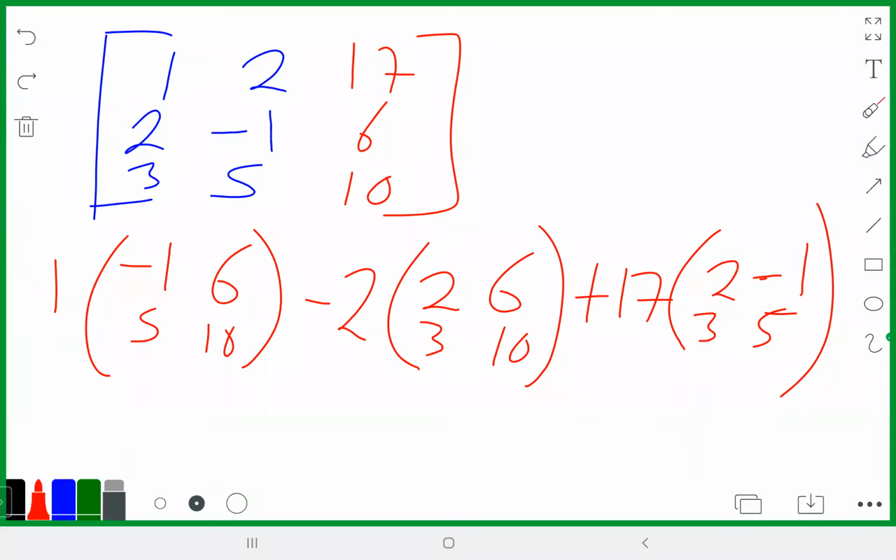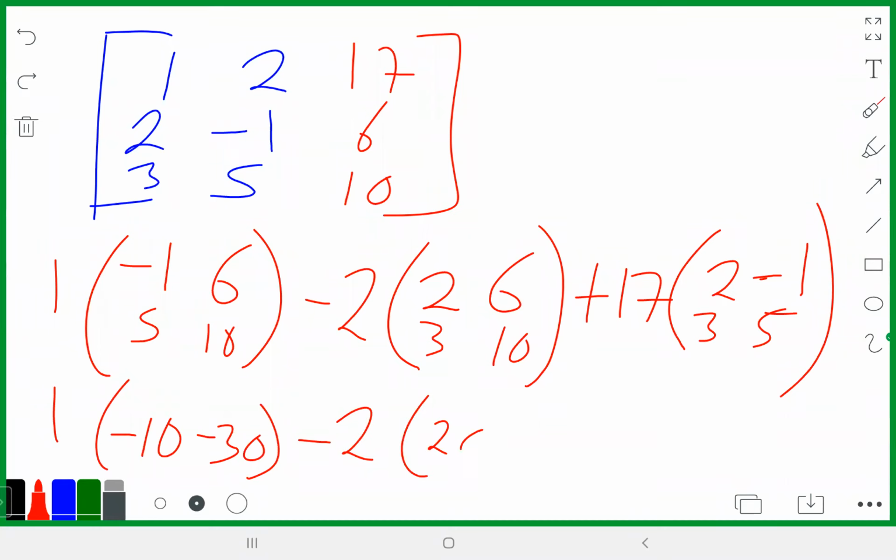Yes, sir. Okay. So I have 1 times -1 times 10 is -10, minus 5 times 6 is 30, minus 2 times 10 is 20, minus 3 times 6 is 18, close like that, plus 17 times 3 times 2 times 5 is 10, minus -3 like that.